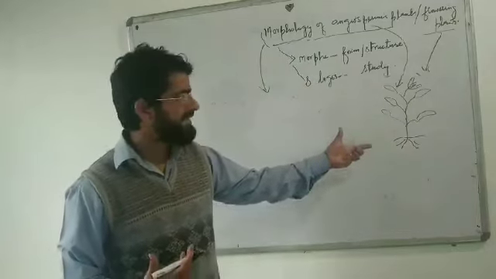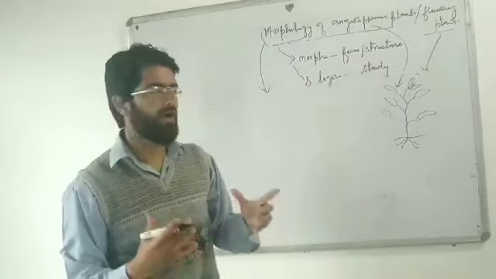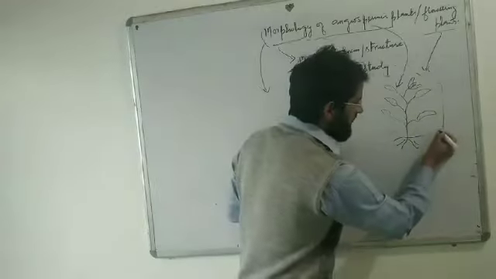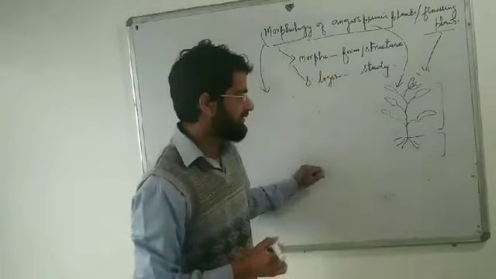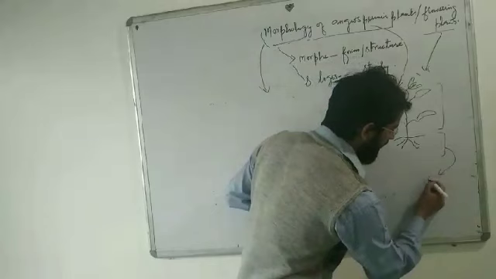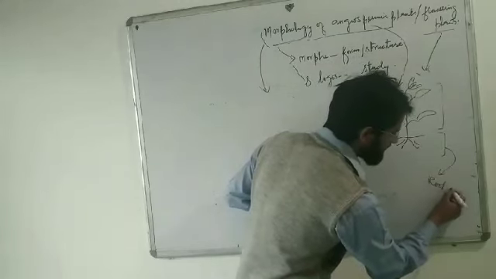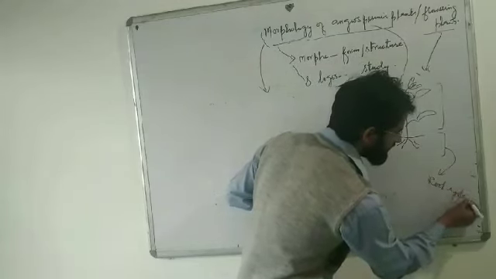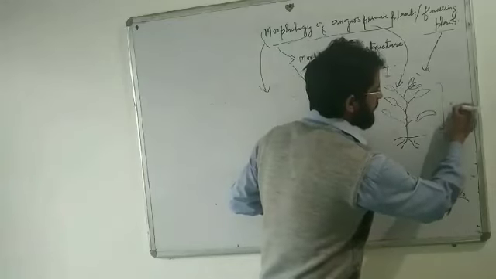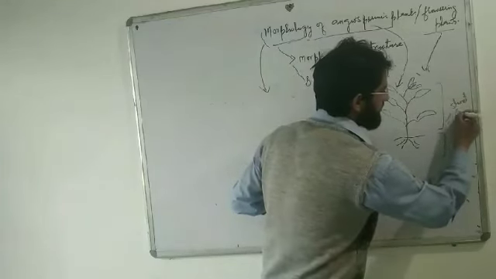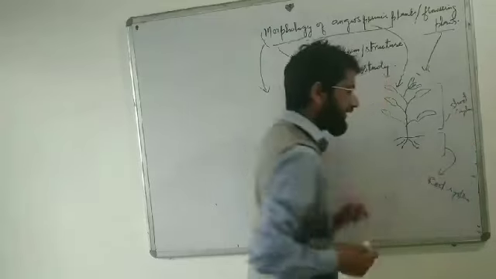From this sketch, you can easily identify broadly two parts. One is the above ground part and the second is the below ground part. The below ground part is known as the root system, and the above ground part is known as the shoot system. Right?